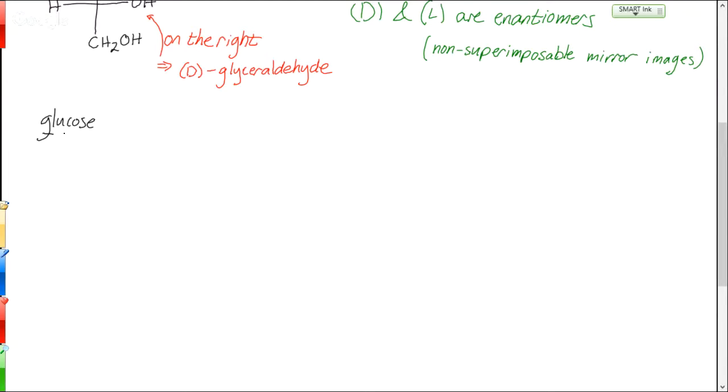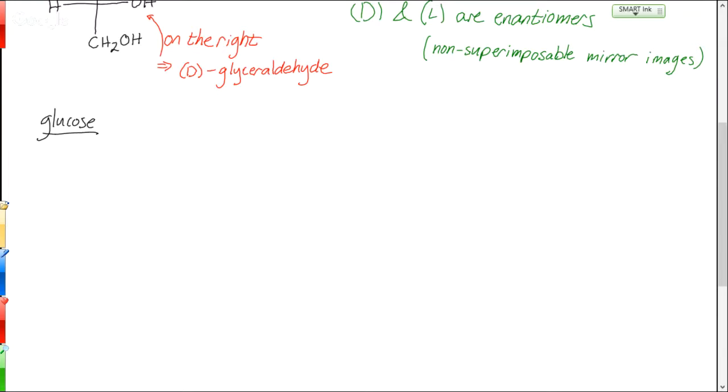So glucose is the most common sugar, the most important sugar probably in life. It's the one that everything bigger gets broken down into, gets converted to, and then glucose gets stored as glycogen in the body. And glucose itself can be converted to ATP and do some other stuff.